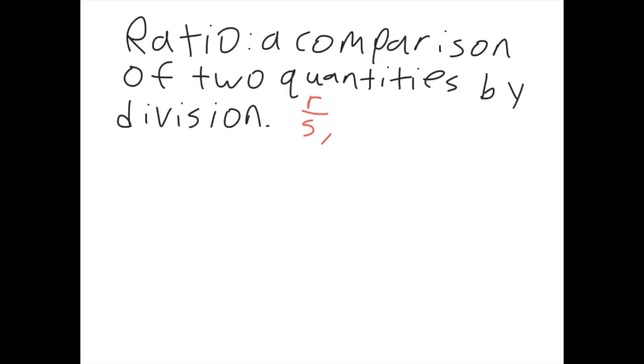Another way you'll often see is with a colon in between them. So, r colon s. Or they'll just say exactly what it stands for, R to S. So it's the ratio from R to S. What is the ratio between them?